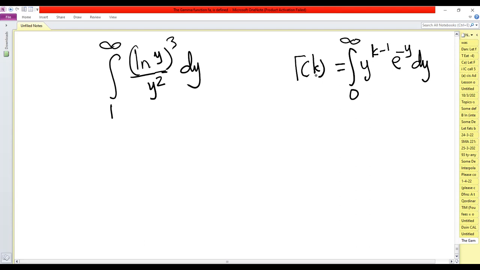Once we know that, we have to do some fixing to get the structure of the gamma function. So let u be given by ln of y.